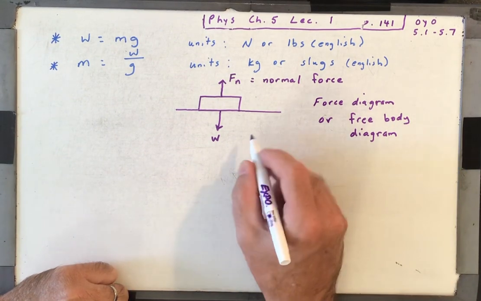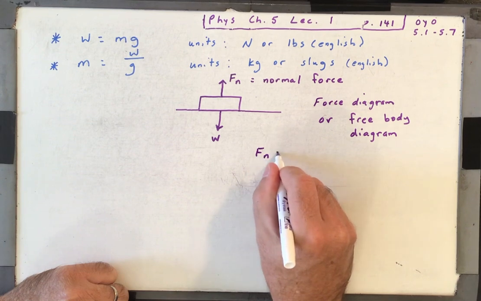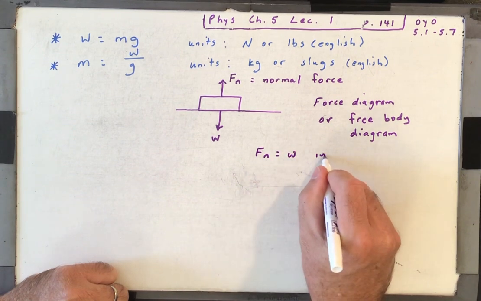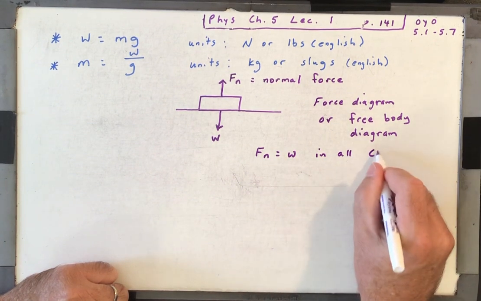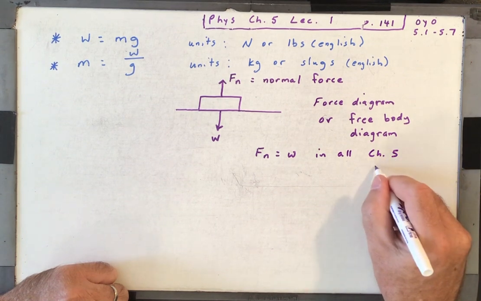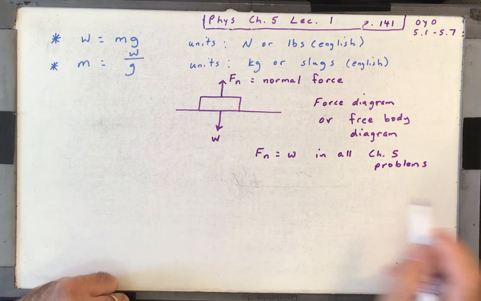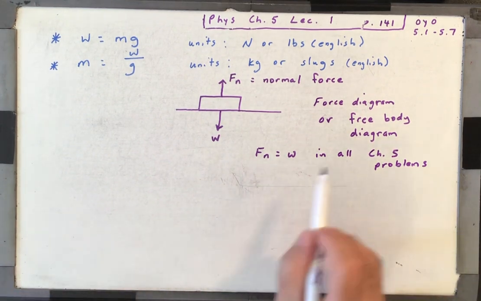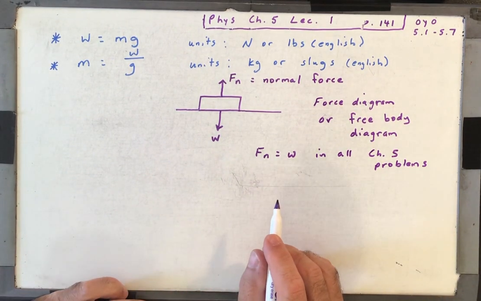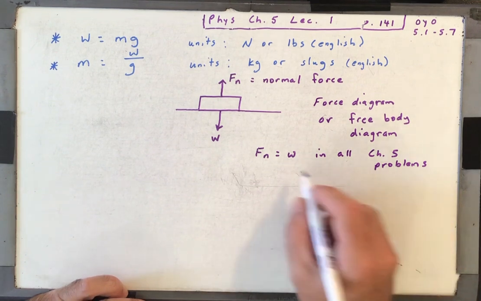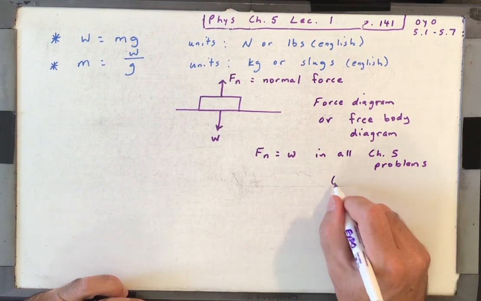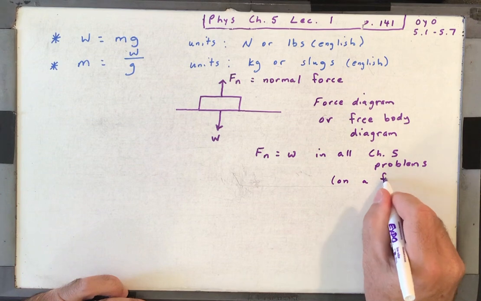So the normal force is just equal to the weight in all Chapter 5 problems. That's because there's no angle in Chapter 5. In Chapter 6, that's not true. We have to use trigonometry. So that's because it's on a flat surface.